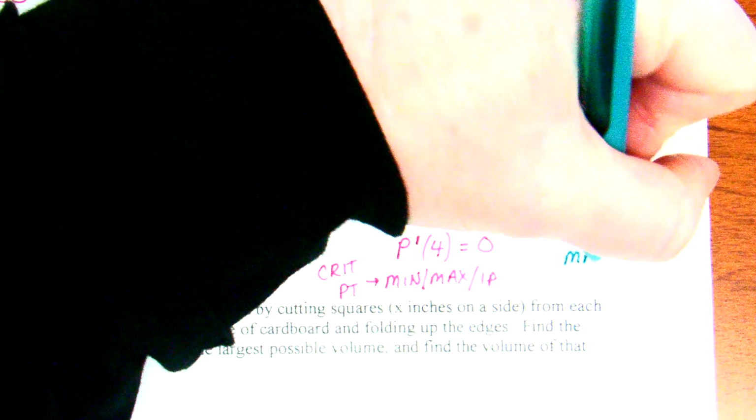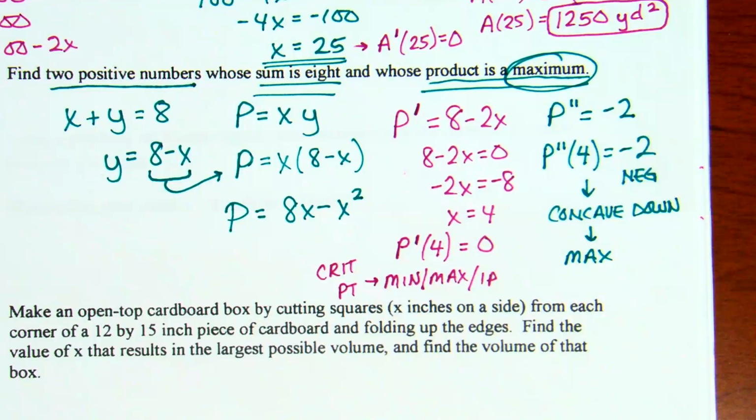And so, what did the question ask us? Two positive numbers. So we already know one of them is 4. So x is 4. What's the other one? 4.